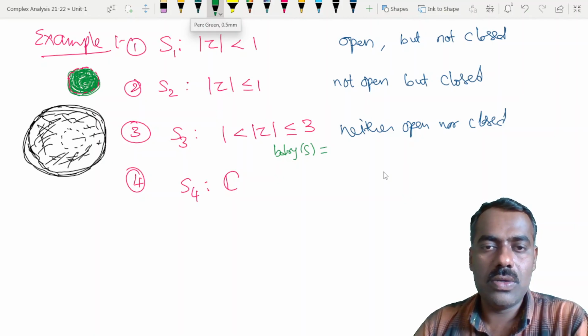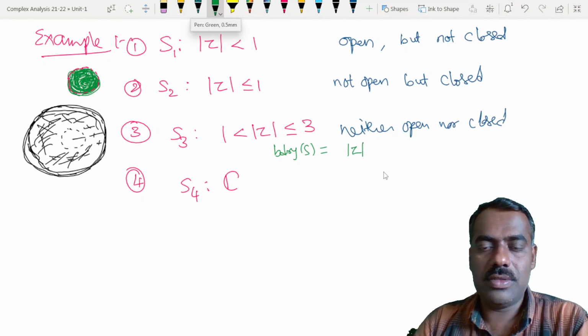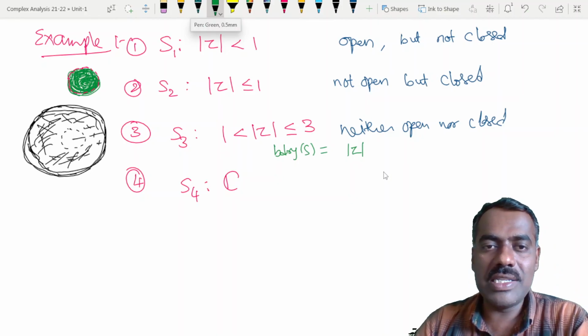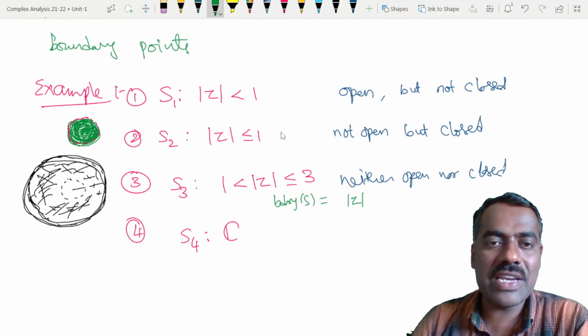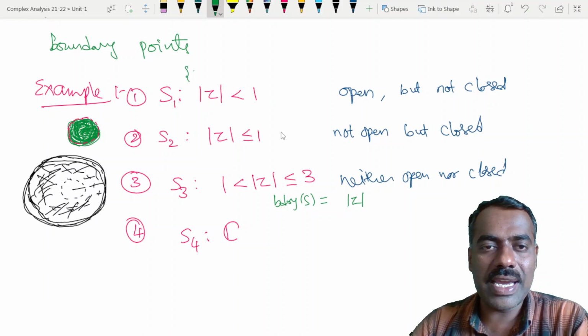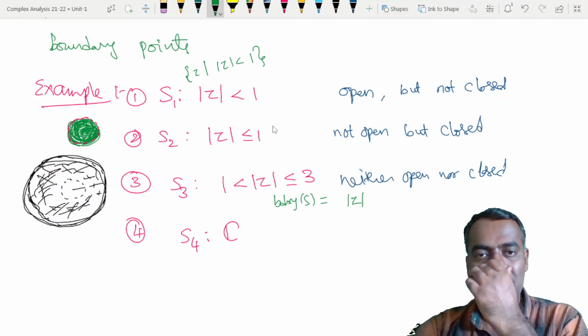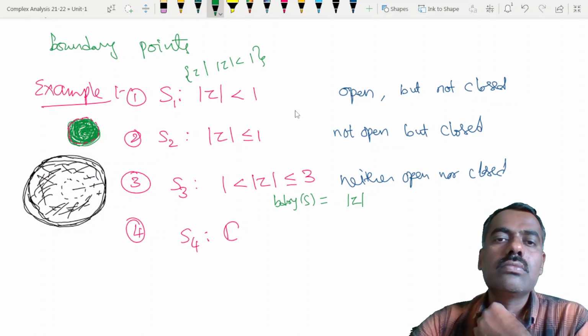Mod Z equals 3. Because they are complex numbers, we use their absolute values. What is mod Z less than 1? It actually means Z such that mod Z is less than 1. We are not writing in set notation, but it is understood. Is that clear? Yes, sir.